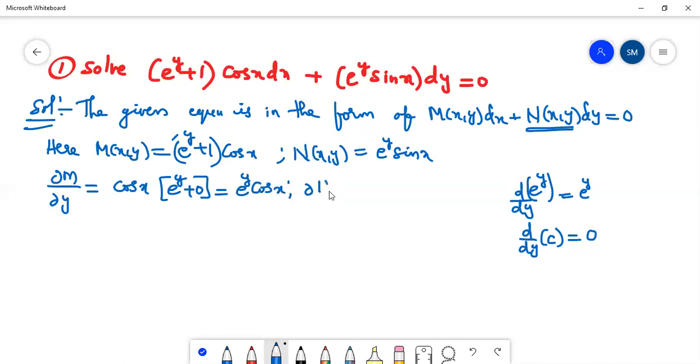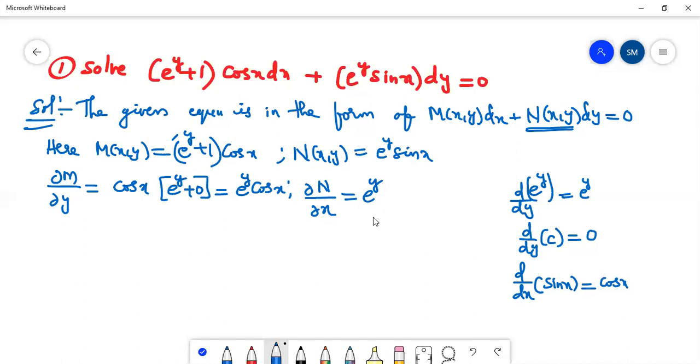Next, in the same way, the N function can be differentiated with respect to x. Here e power y is a function of y, so in the partial case we treat it as a constant. Then we know that the derivative with respect to x of sin x is cos x.